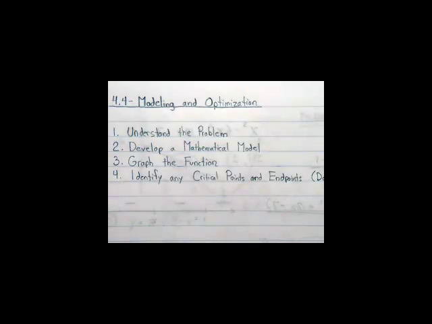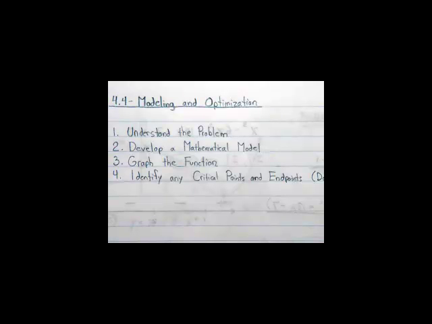I put domain on there because depending on the situation, even if the model you come up with is some kind of polynomial, and we know that the domain for all polynomials is negative infinity to infinity, maybe for the situation you're working with, negative numbers for x doesn't make any sense in the context of the problem. And so in that case, your domain might be 0 to infinity or something like that, which creates an endpoint, right?